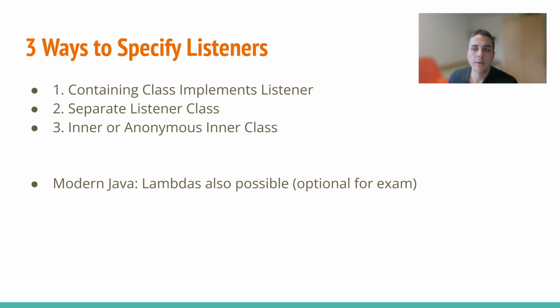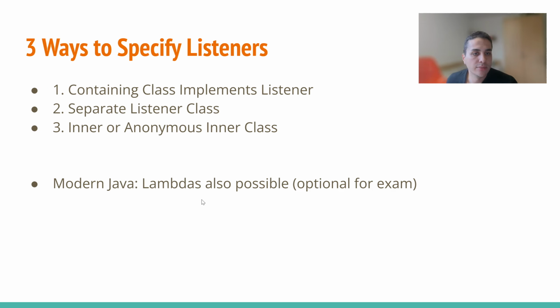And third, we can use an inner class or anonymous inner class, which is a very common pattern in Java GUI. For example, with a button's action listener where we are looking for actionPerformed, this will create an anonymous inner class implementation, which I will show in a minute.